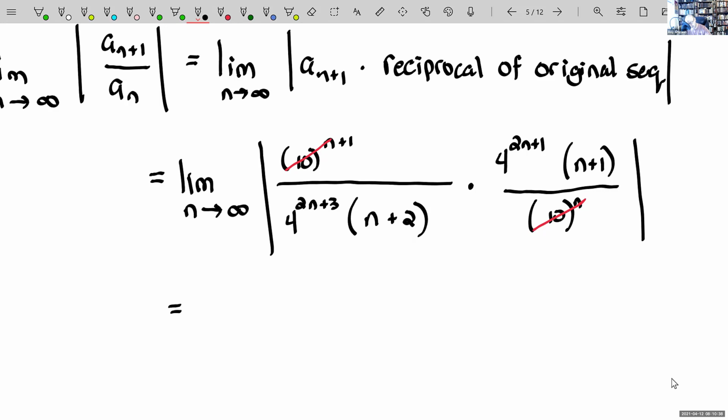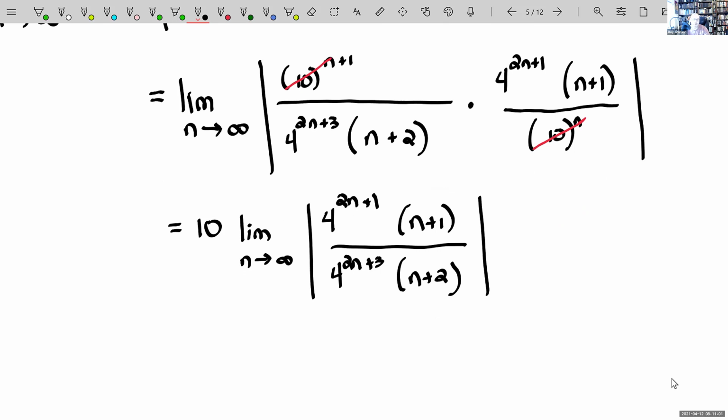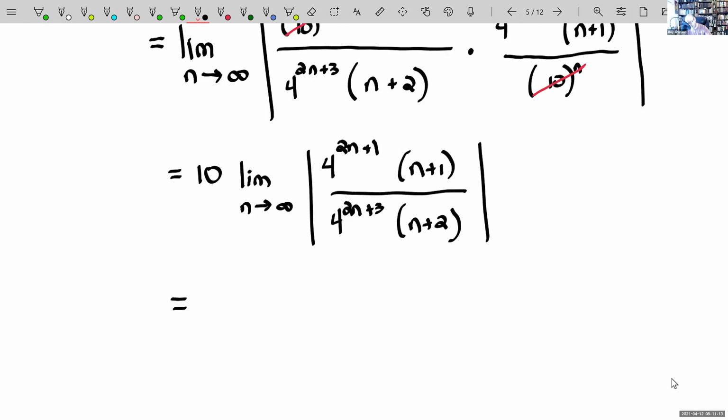I'll move that 10 to the first outside of the limit, so that I still have 4 to the 2n plus 1 times n plus 1 divided by 4 to the 2n plus 3 times n plus 2. Now you can cancel those using laws of exponents, the 4 to the 2n plus 1 and the 4 to the 2n plus 3. That will leave me with a 4 squared in the denominator. So I'm going to move a 4 squared out front.